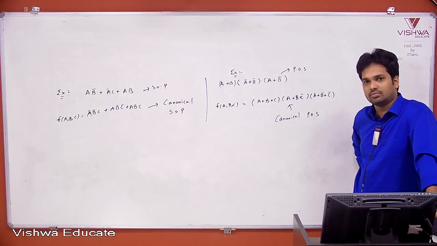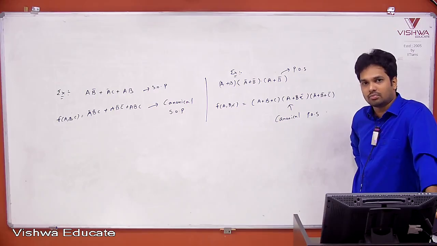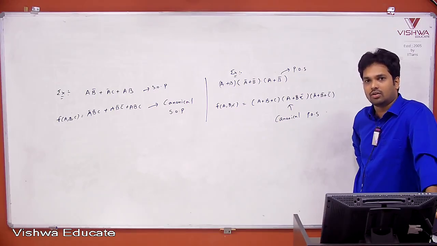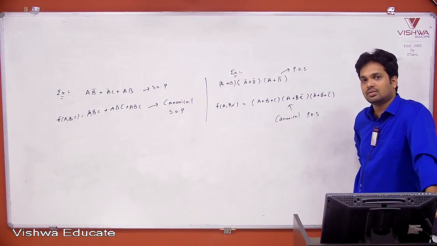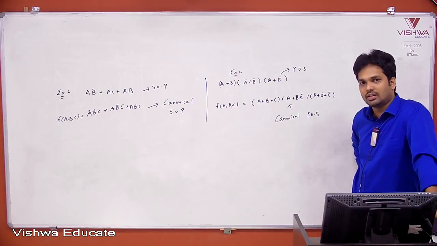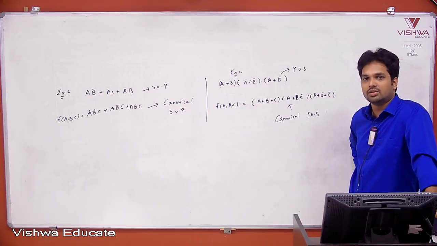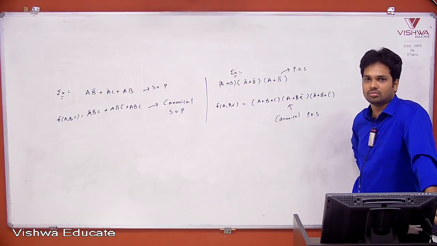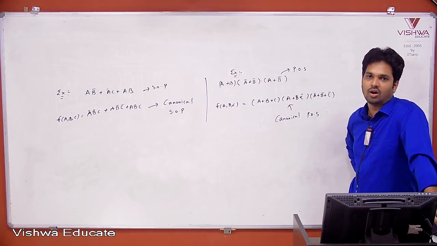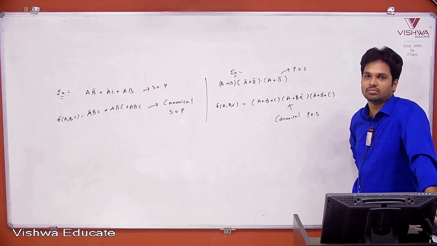Canonical form. In the canonical form, each term must contain all the variables in either normal or complementary form.